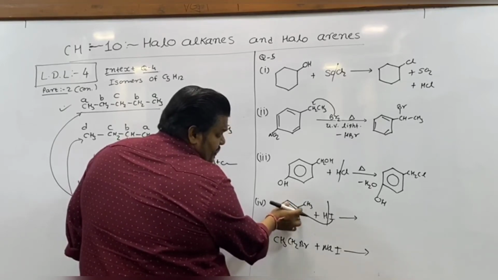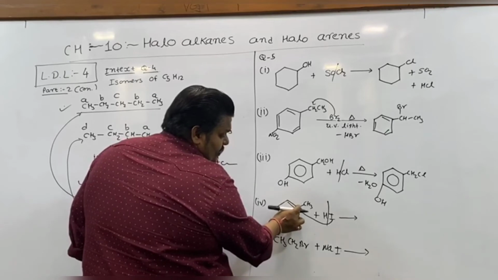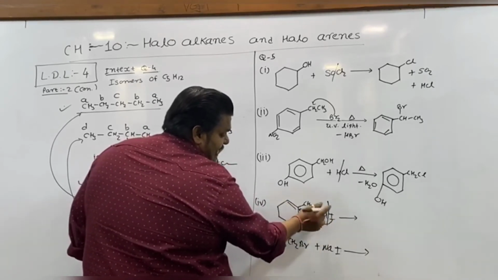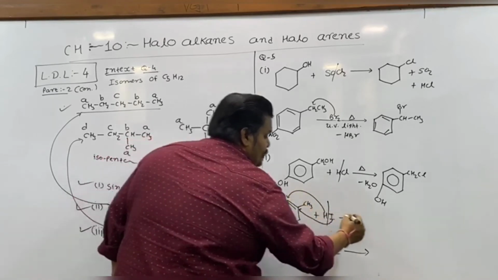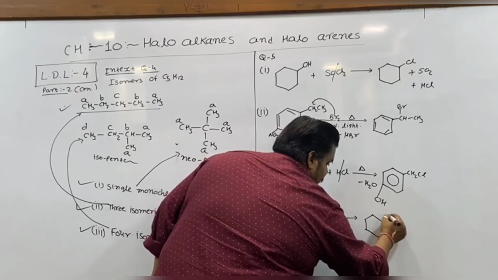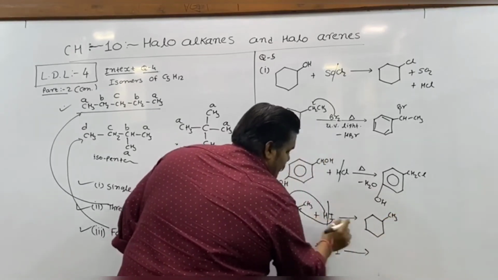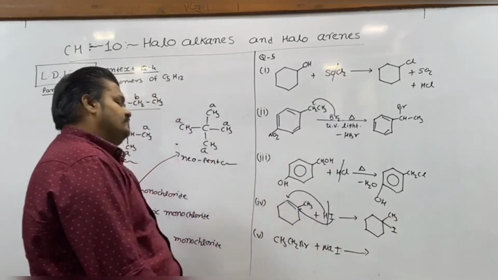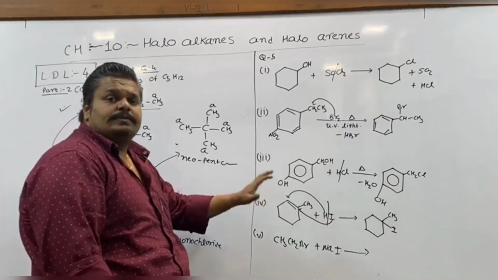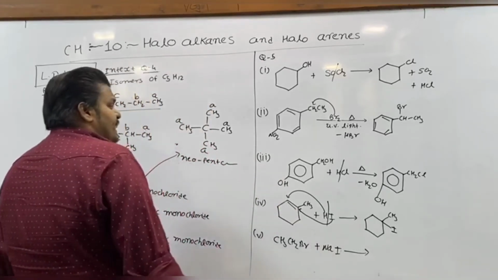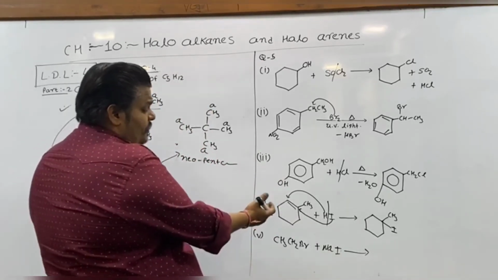This carbon possesses fewer hydrogens compared to this carbon, and that's why I will associate with this carbon, and H goes to this carbon to produce a compound in which the same carbon containing CH3 has iodine. It follows Markovnikov's rule.